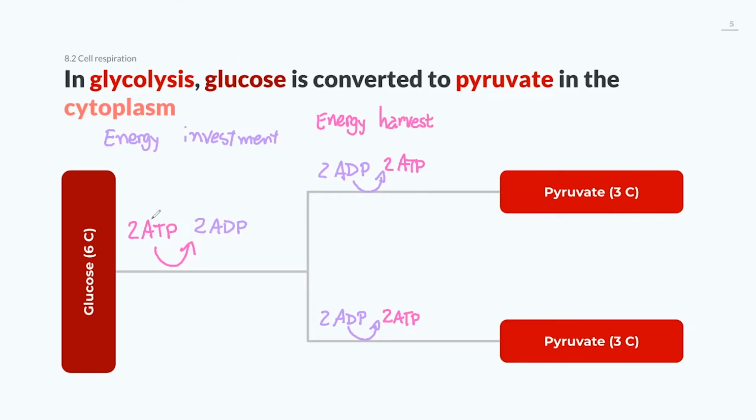So you're going to invest 2 ATP, but you're going to collect 4 ATP, right? So if you subtract the 2 that you invested, the net gain, the profit is 2 ATP. Besides, you also have electron carriers involved, right? So this NADH will be used again in the last part in the electron transport chain.